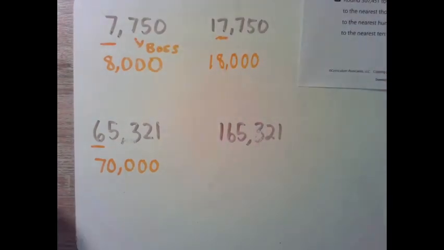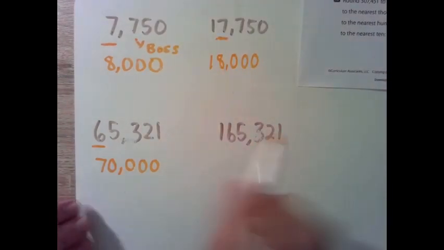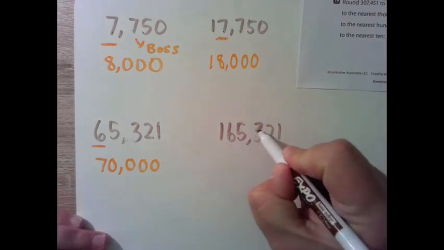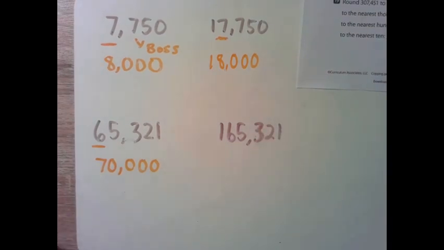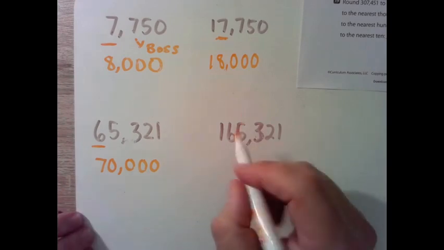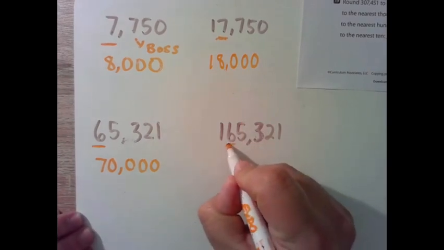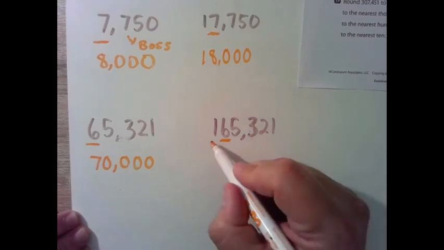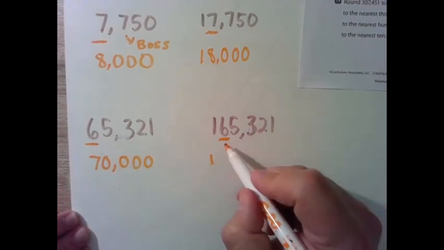All right. This next one, again, we're rounding 165,321 to the nearest 10,000. Since we're rounding to the nearest 10,000, our stop sign goes on the 10,000s place, which in this case is the 6. You rewrite the 1, and you stop.